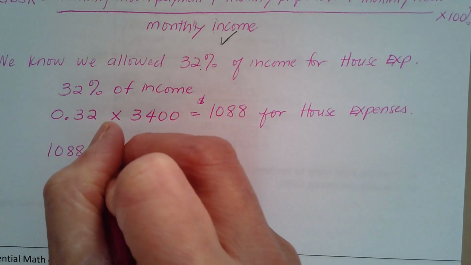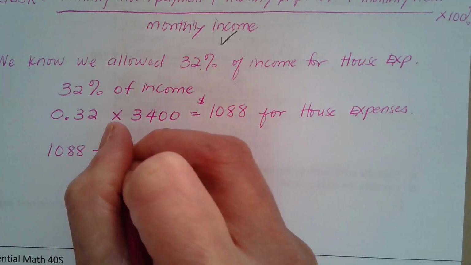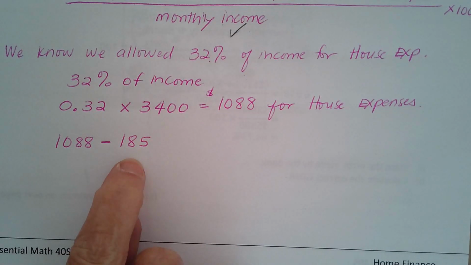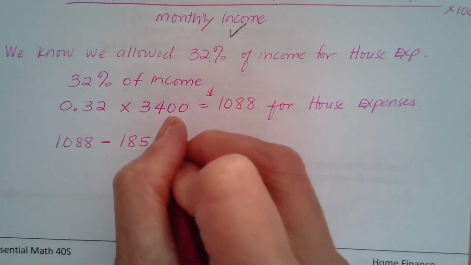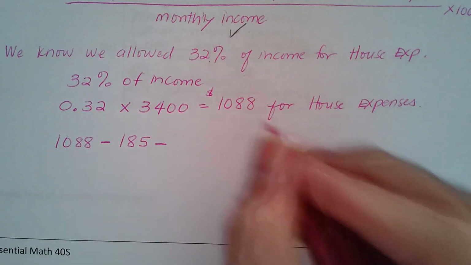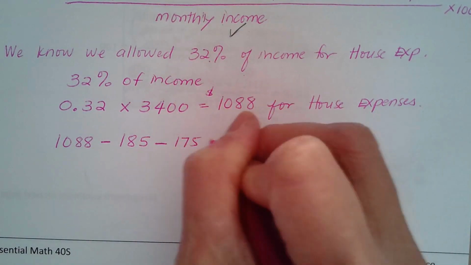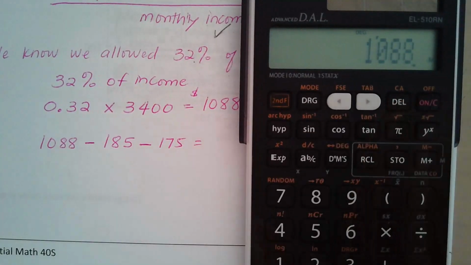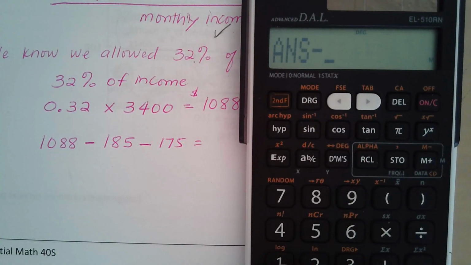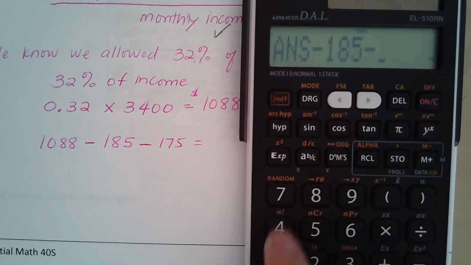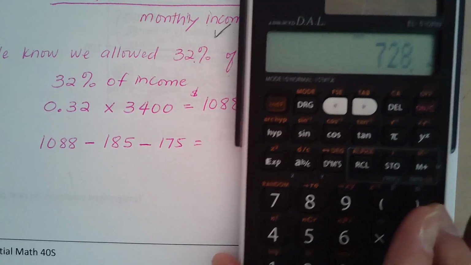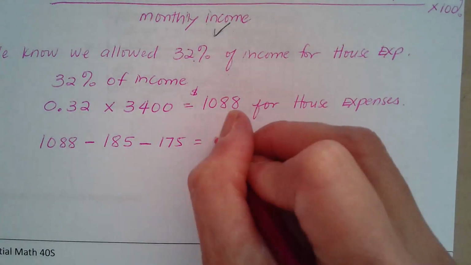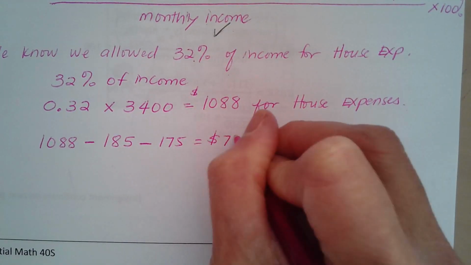Okay, so if we take away 185, because that's the monthly taxes, and if we take away monthly heat of 175, what's left over? Now we're left with only $728.